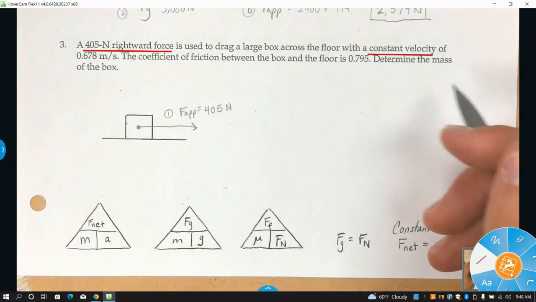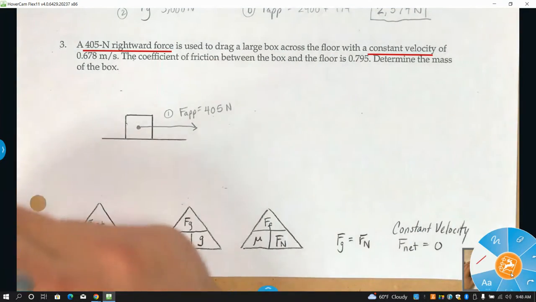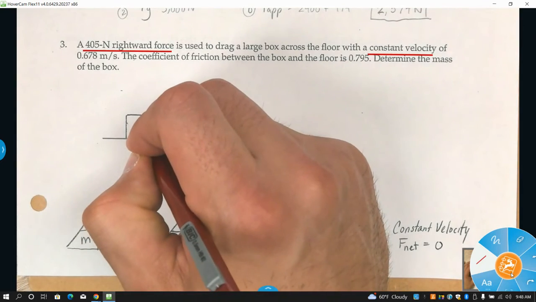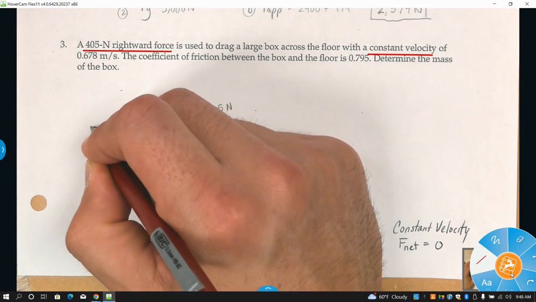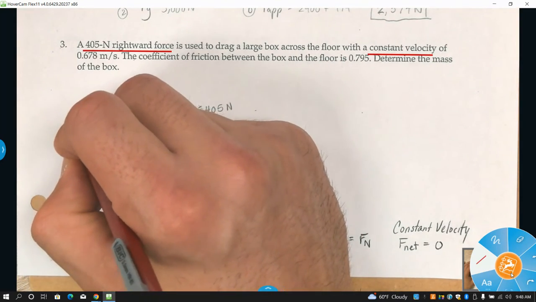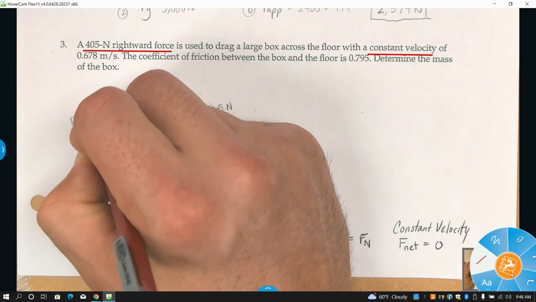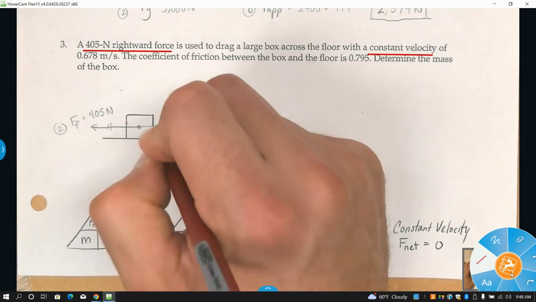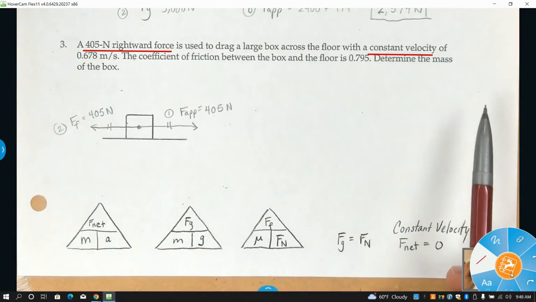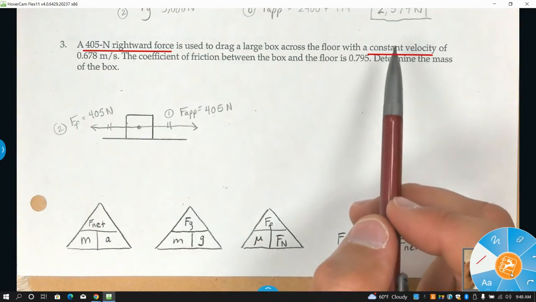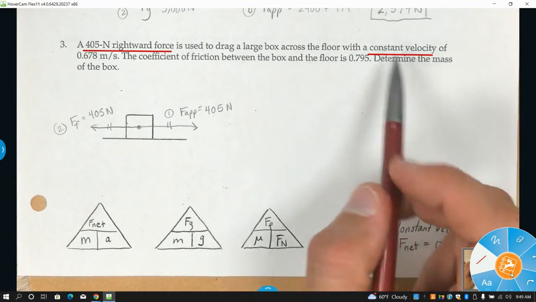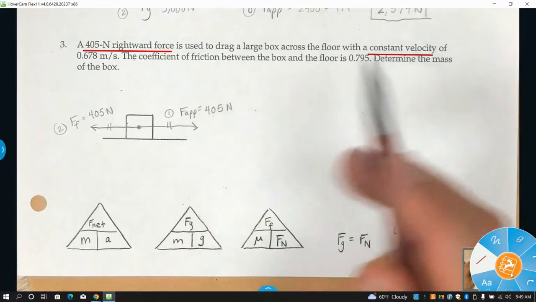So if I have 405 newtons to the right, how much do I need to have going to the left? 405 newtons. So no math was even done there. All right, but rightward force, constant velocity. Constant velocity is basically like your second step. It's going to tell you that everything kind of needs to balance out.